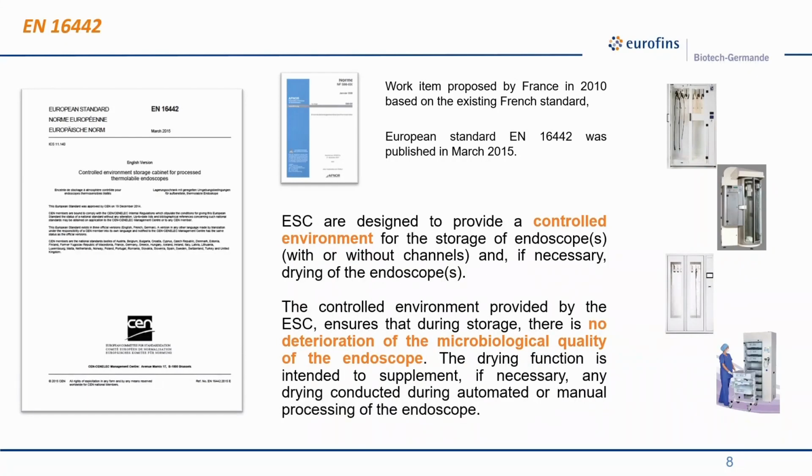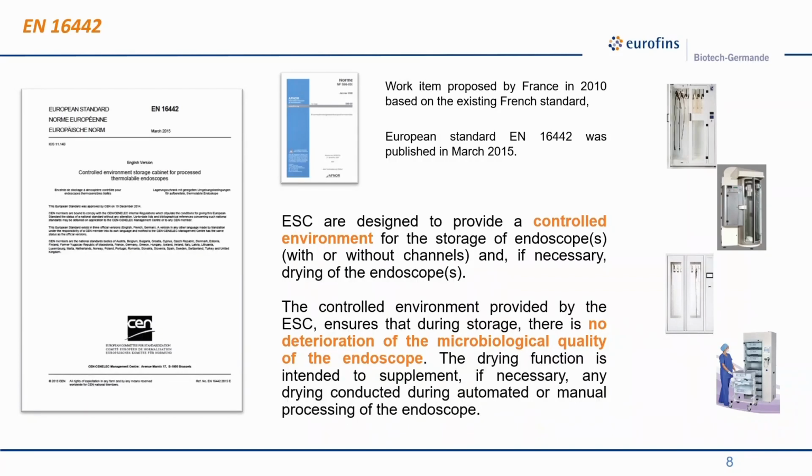In this document, the endoscope storage cabinets are designed to provide a controlled environment for the storage of endoscopes with or without channels, and if necessary, drying of the endoscope. The controlled environment provided by the endoscope storage cabinet ensures that during storage, the microbial quality of the endoscope will remain the same as after reprocessing, and we will not have any contamination during storage.